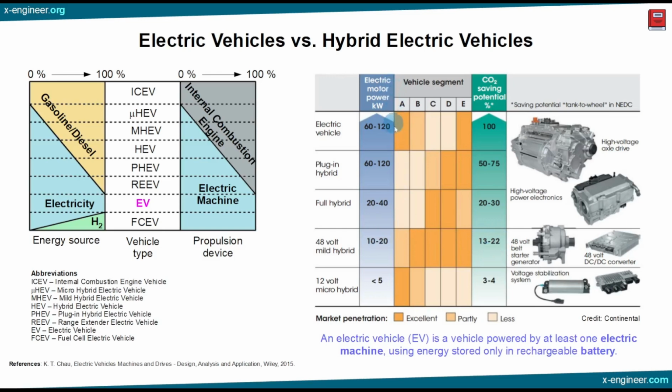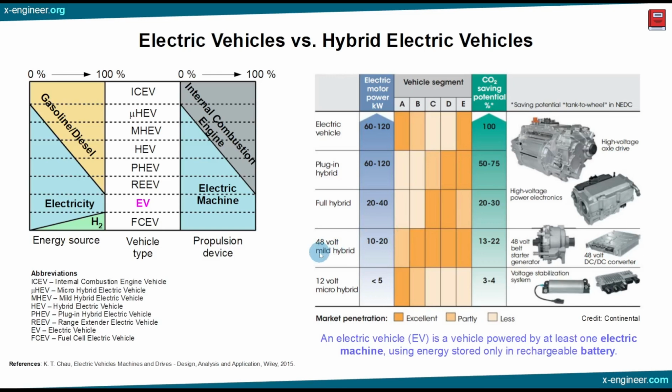Also, in the middle column in this table, we can see for which vehicle segments these technologies are applicable. For 12-volt micro hybrids, usually the A and B vehicle segments use this type of technology because it increases the efficiency of the powertrain for small vehicles.